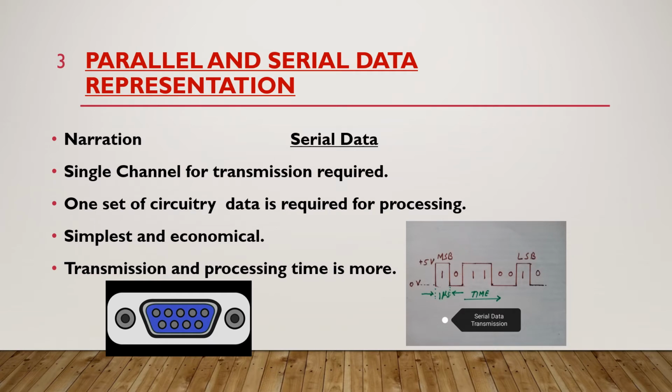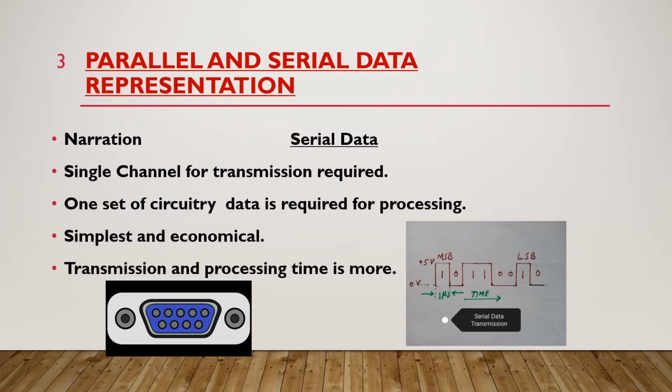But if you see on the oscilloscope, data will be entering from the left hand side and going to the right hand side. That is, the MSB will take the position of LSB and LSB will take the position of MSB. And we have to be very careful while interpreting the data.